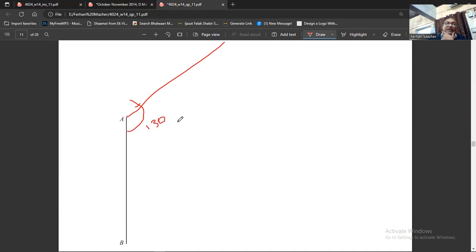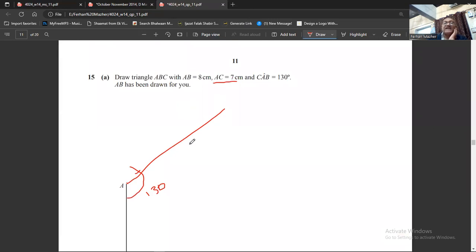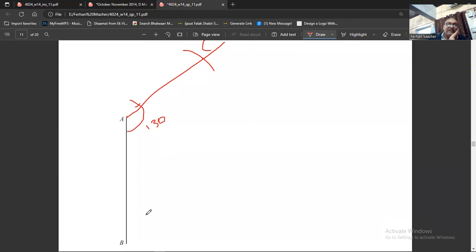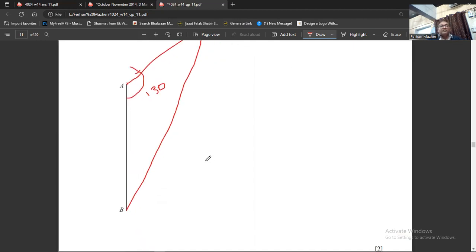Then I will open my compass. How much? 7 centimeter. I will put my compass here. I will draw an arc. When it cuts, this is the point C. Then I will join the A and the C with each other. So this is how this triangle will be formed.